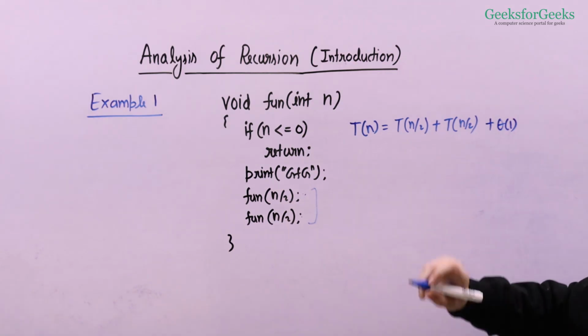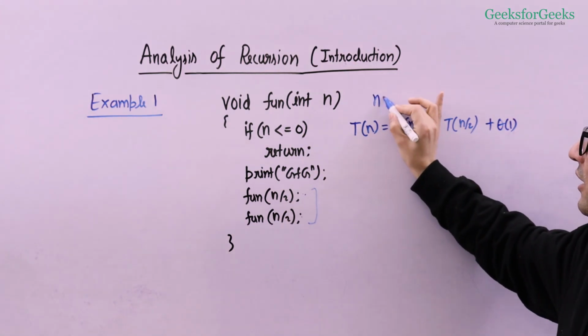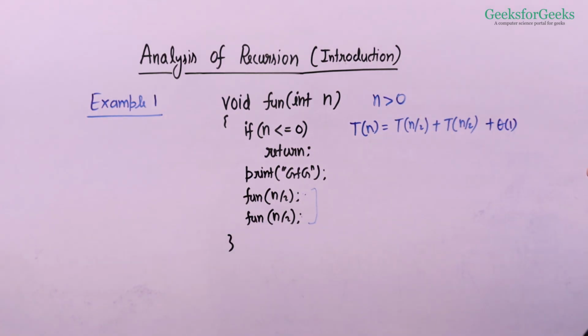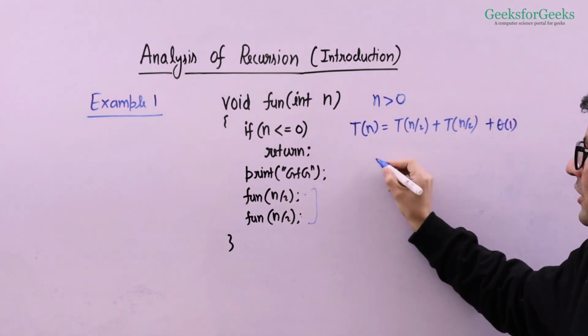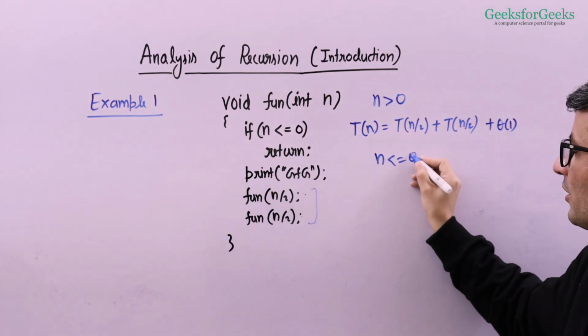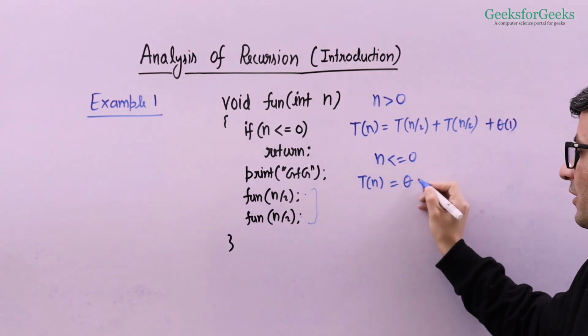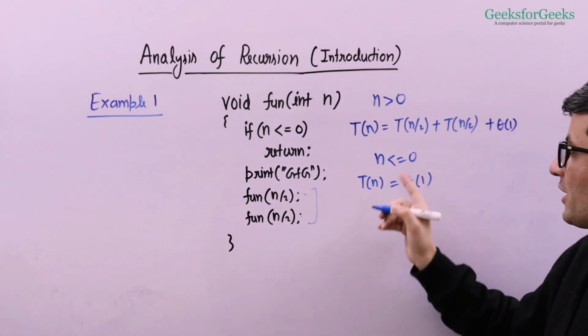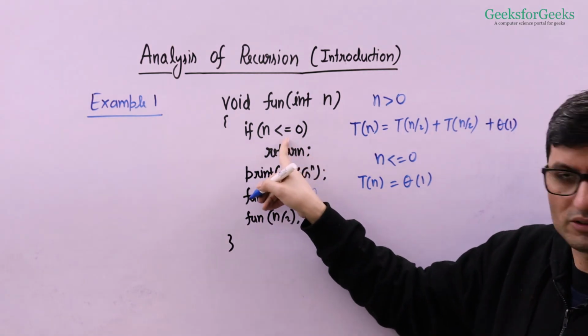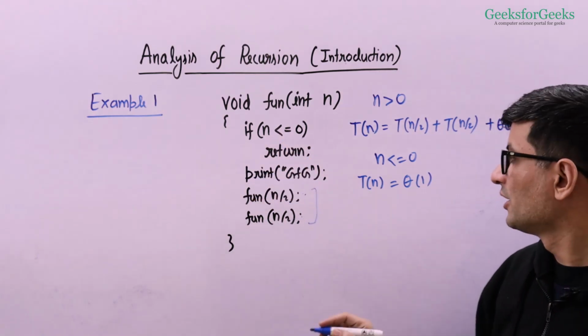So this relation is true when n is greater than 0, right? And when n is smaller than or equal to 0, then what we have? We have T(n) equal to theta 1. It's a constant amount of work, because if that is the case, then we just return, right?